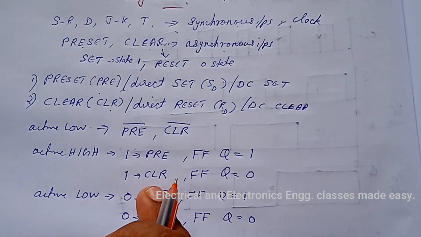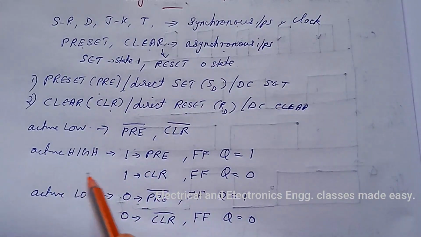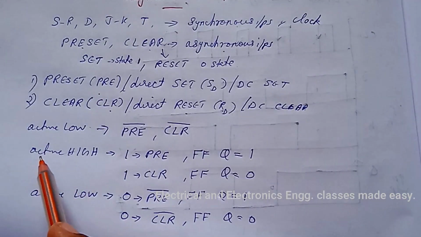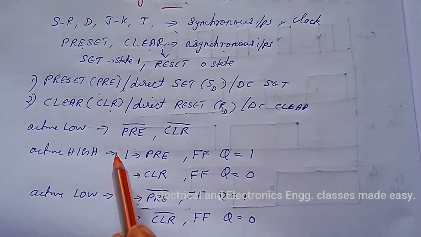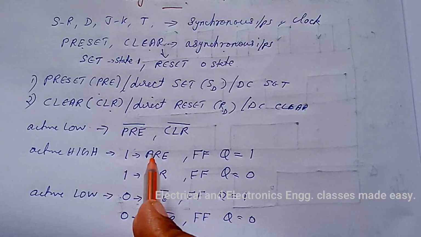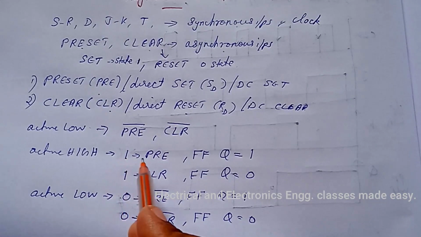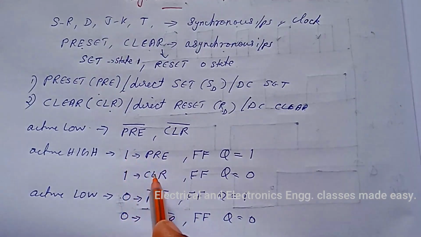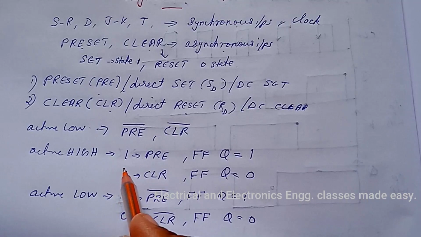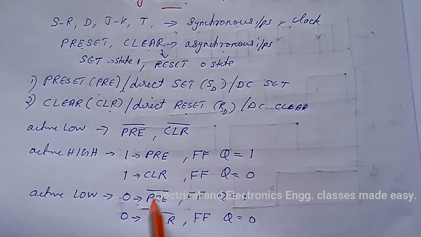So inactive level means, in the case of active high inputs, the inactive levels of preset and clear are 0. When both the inputs, preset and clear, are 0, it is in the inactive state.